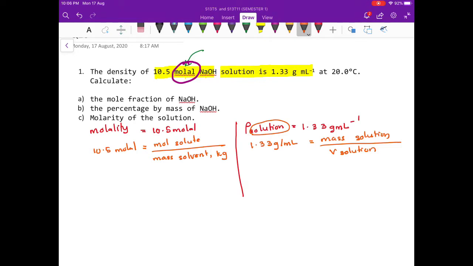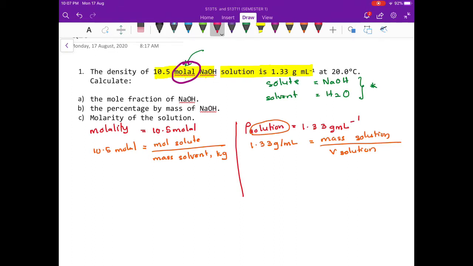As I mentioned previously, before we start to calculate, we need to identify what our solute and solvent are. In this case, our solute is sodium hydroxide and the solvent is water. This is the thing that you're supposed to remember. Now, the first part, you want to calculate the mole fraction.